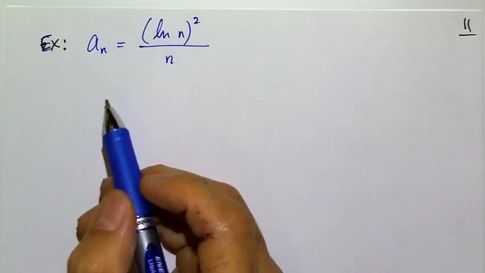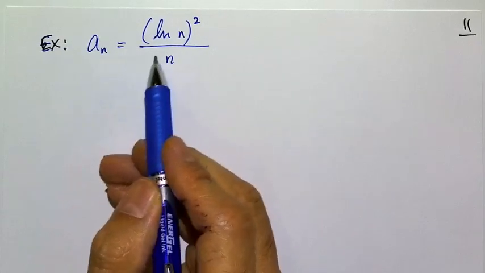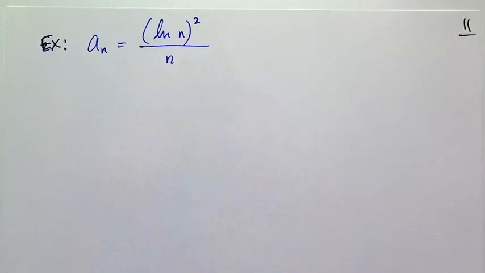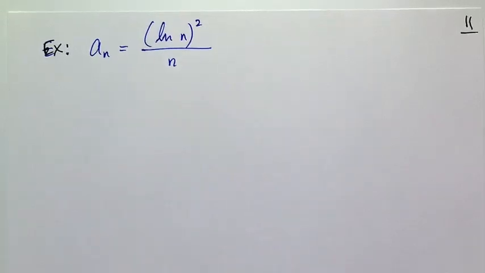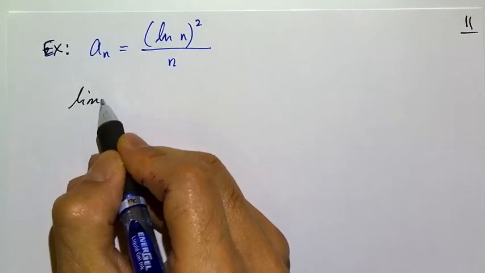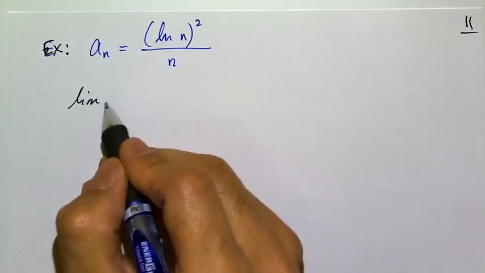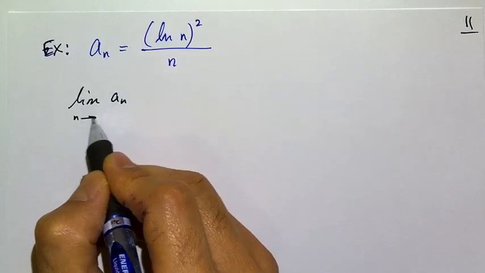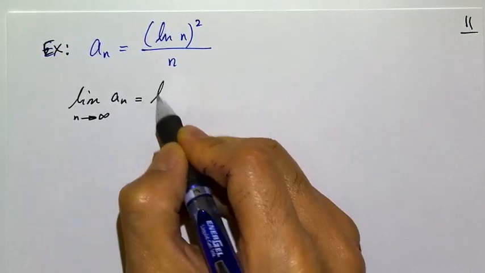So what happens if we apply the limit to this as n goes to infinity? I'm sure you'll find something familiar. So let's do it. The limit of a sub n as n goes to infinity.